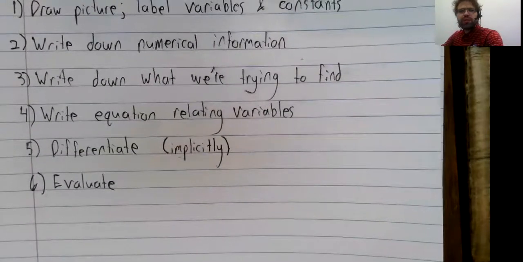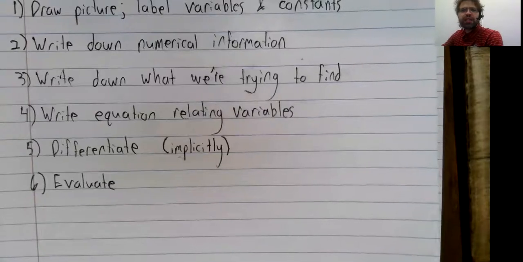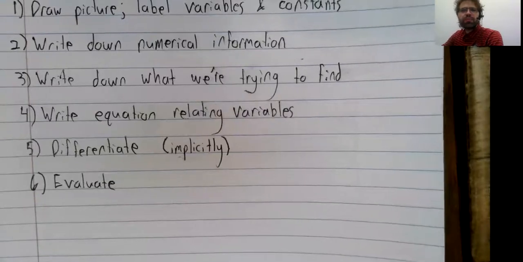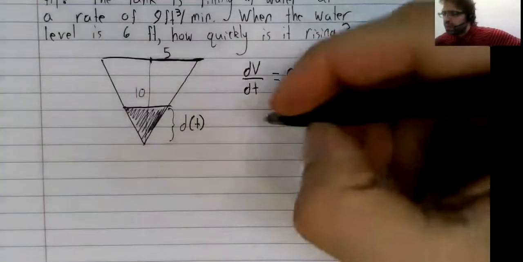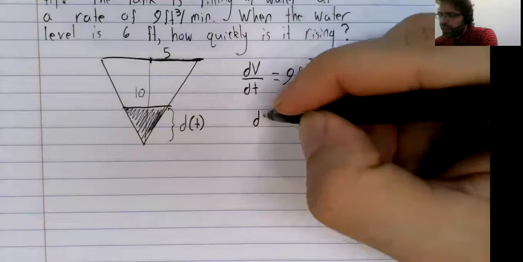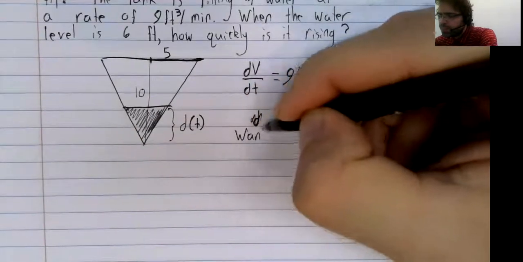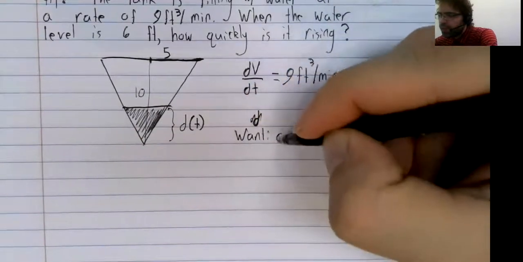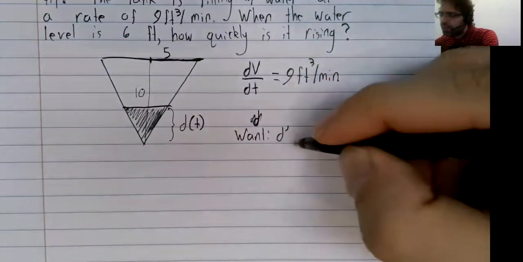What are we looking for? We're trying to find how quickly the depth is changing. So we're looking for the derivative of the depth.